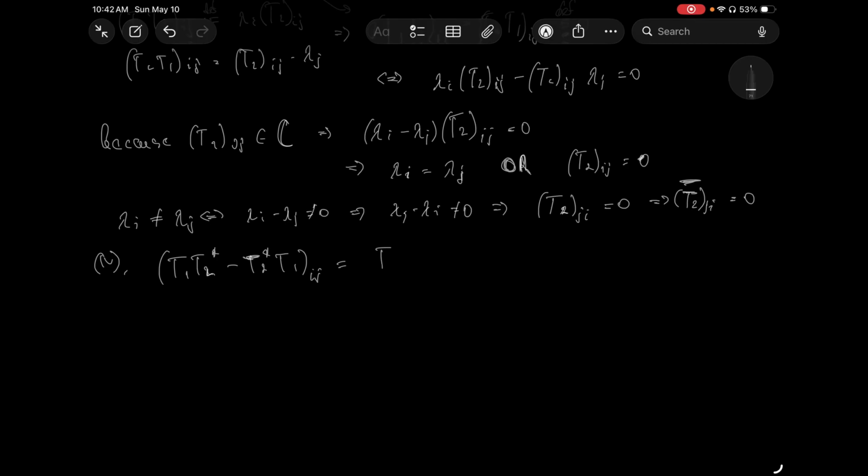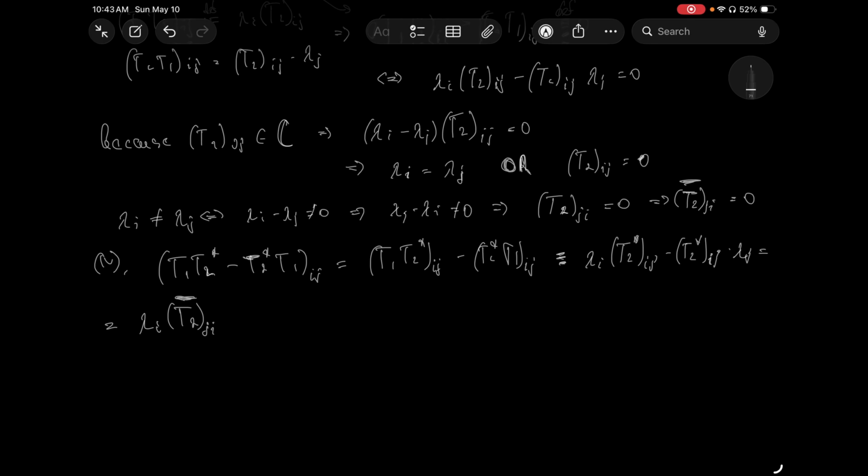Well, that's essentially T1 T2 adjoint ij minus T2 adjoint T1 ij, which is by definition lambda i T2 adjoint ij minus T2 adjoint ij times lambda j, which is equivalent to lambda i times the conjugate of T2 ji, because adjoint is the conjugate transpose, minus the conjugate of T2 ji times lambda j.